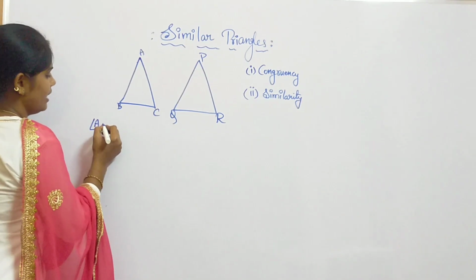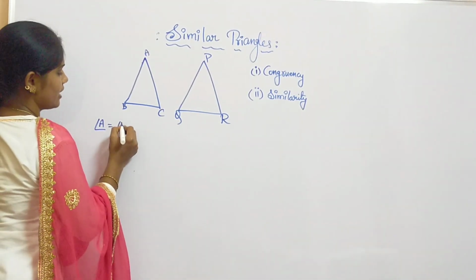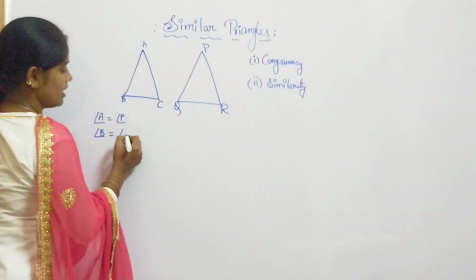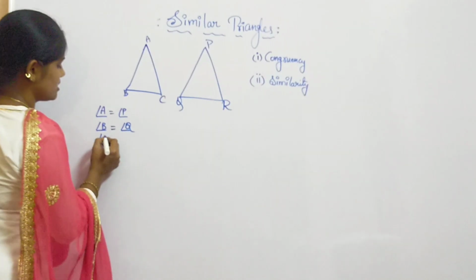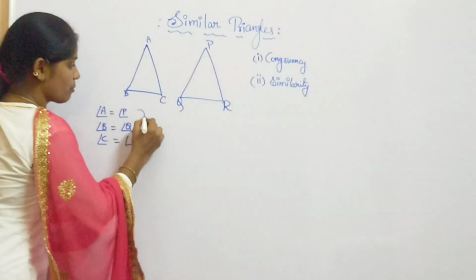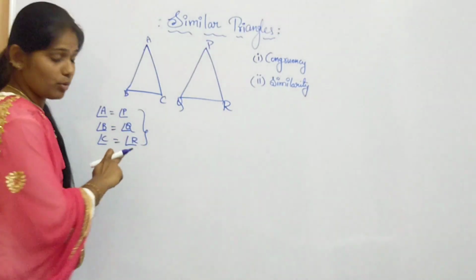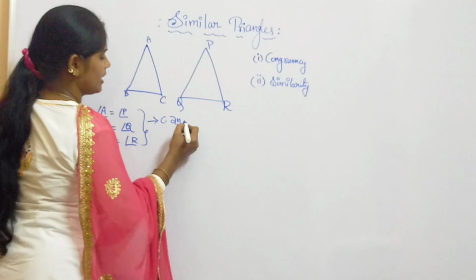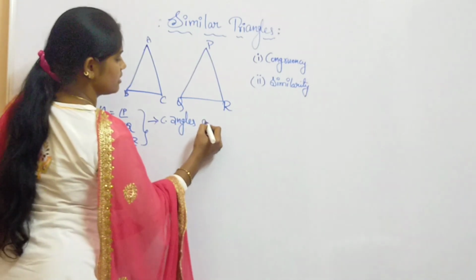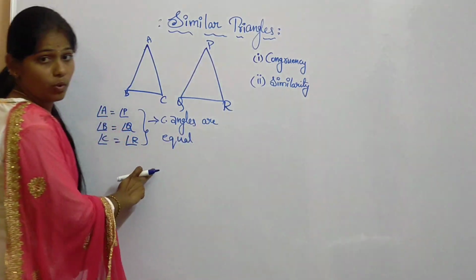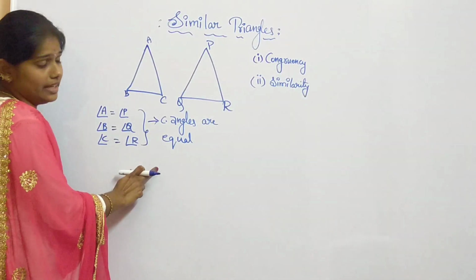If angle A is equal to angle P, angle B is equal to angle Q and angle C is equal to angle R, this particular property we call as corresponding angles are equal.